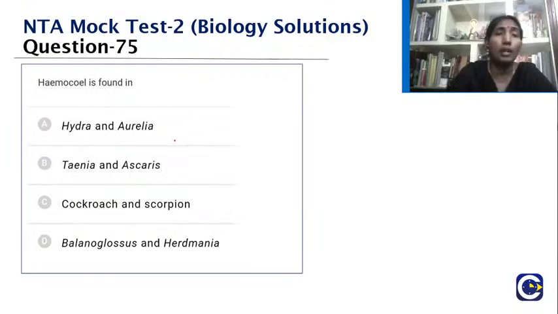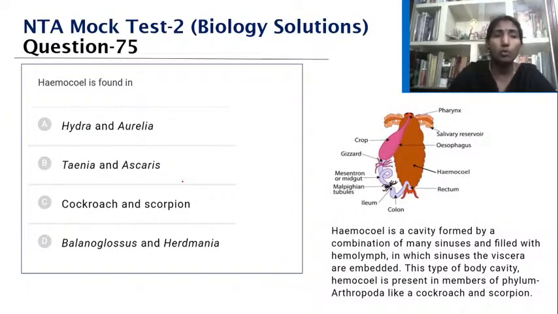Hemocoel is found in Hydra and Aurelia, Taenia and Ascaris, cockroach and scorpion, Balanoglossus and Herdmania. When it comes to hemocoel, that cavity, it's a very direct question. It's characteristic of the cockroach particularly. The hemocoel is actually the cavity which fills up those spaces, the sinuses, where all the viscera will be filled up.